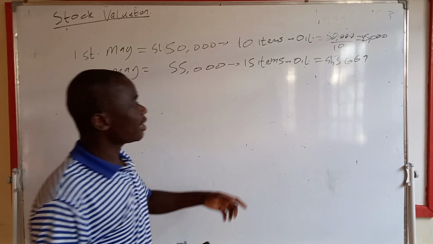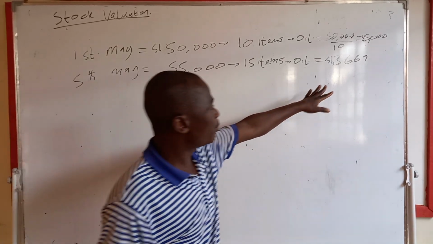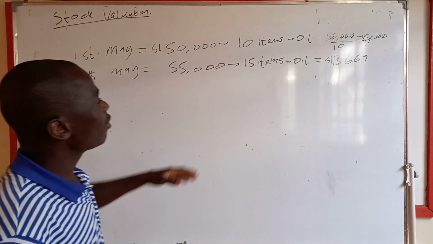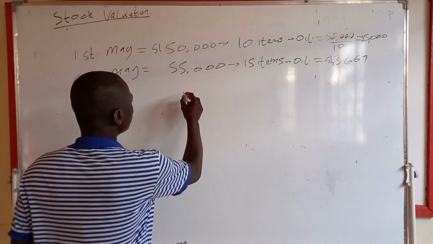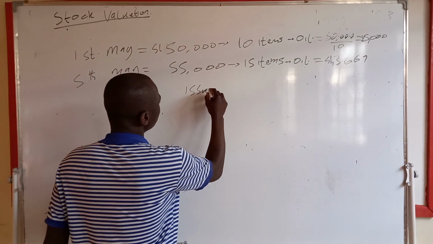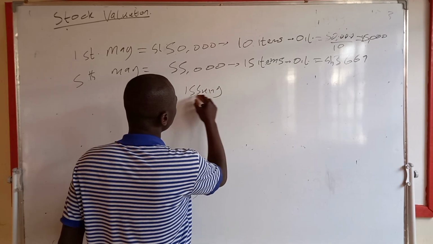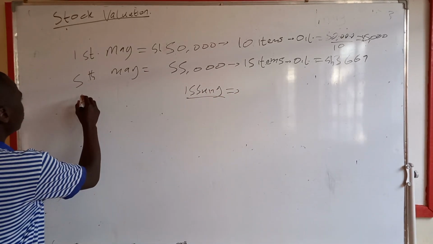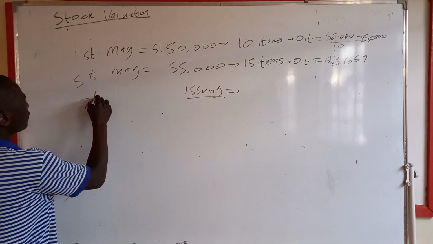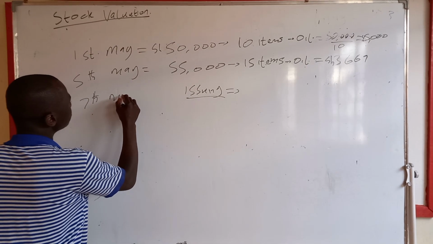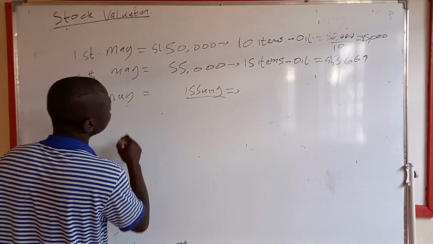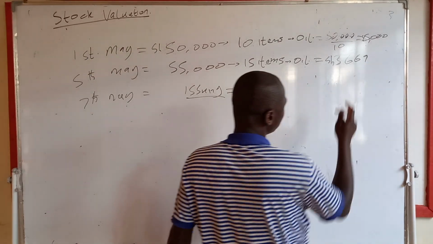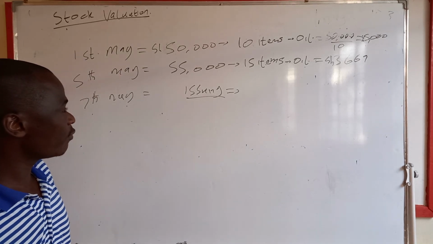You realize that these are different prices, a different price tag per unit. And when you are issuing, because you are buying to sell, probably on 7 May, you randomly pick one of them.